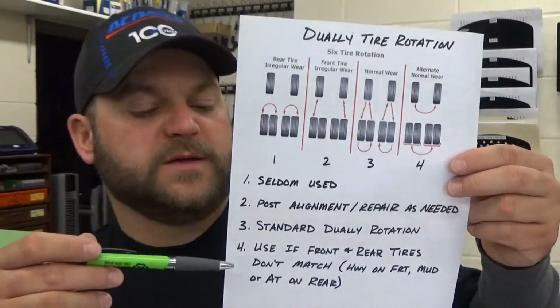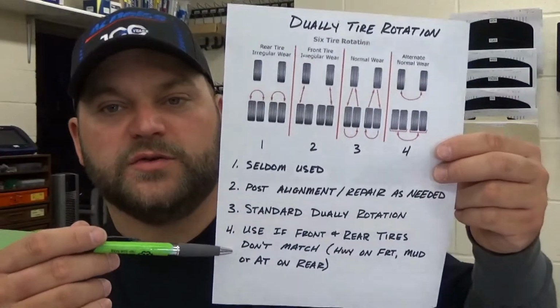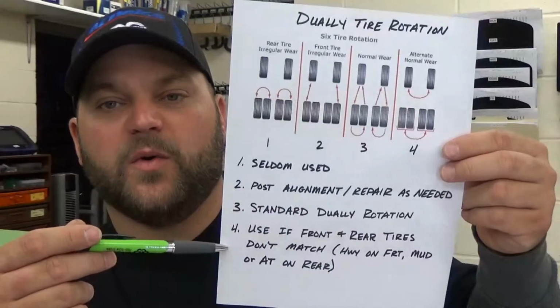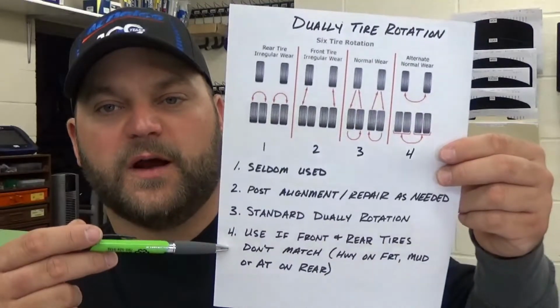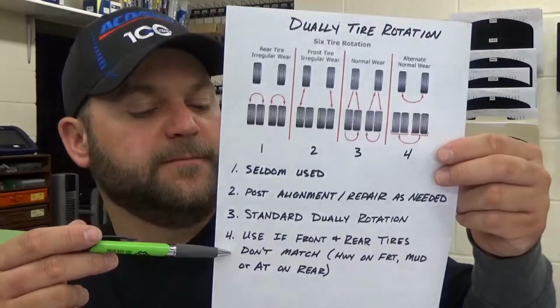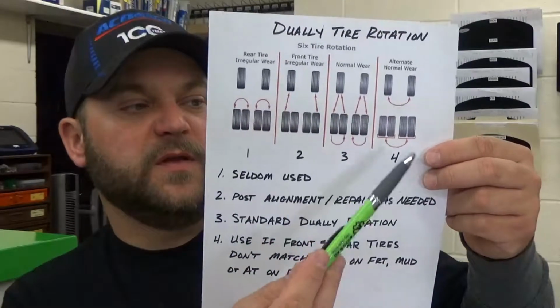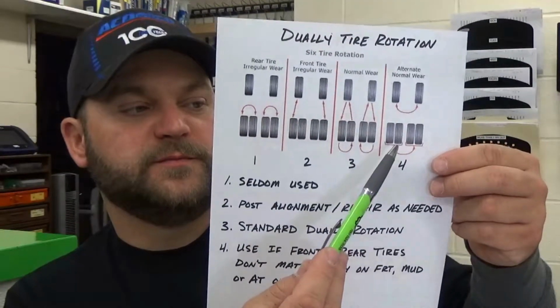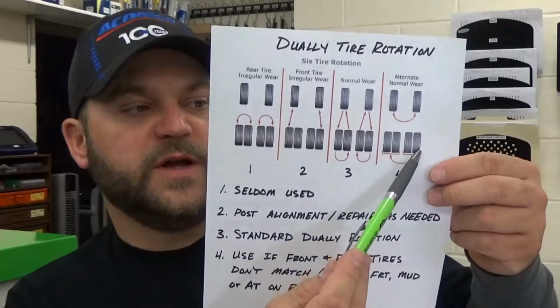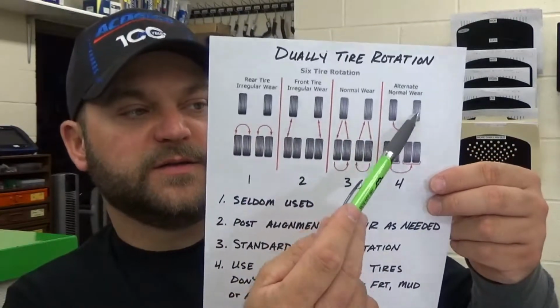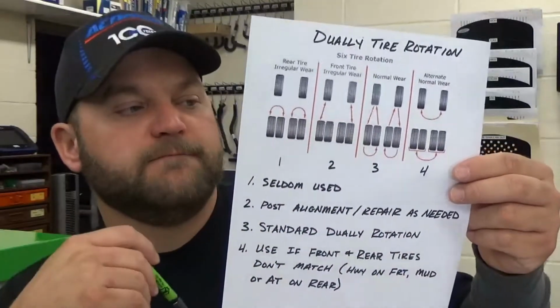All right, the last is going to be used in that condition I talked about where we've got a mud or all-terrain tire on the rear and highway tires on the front. And this is going to be that we rotate the rears and we just take them side to side, and the same thing with the front, side to side.